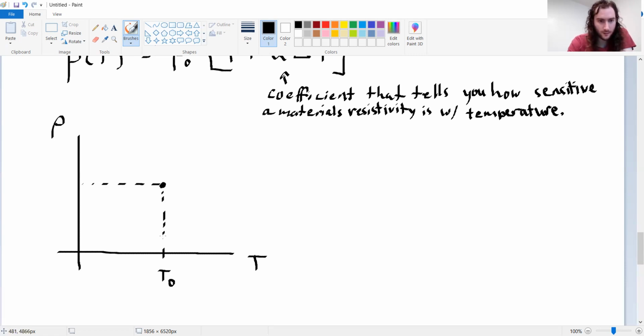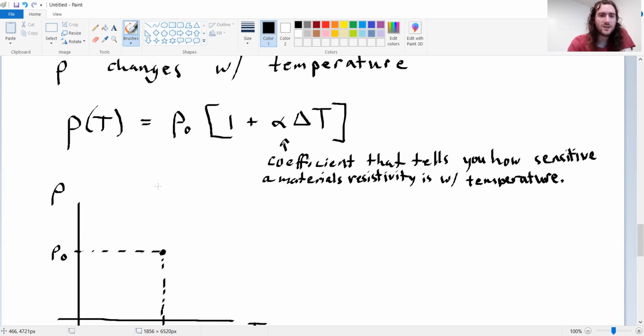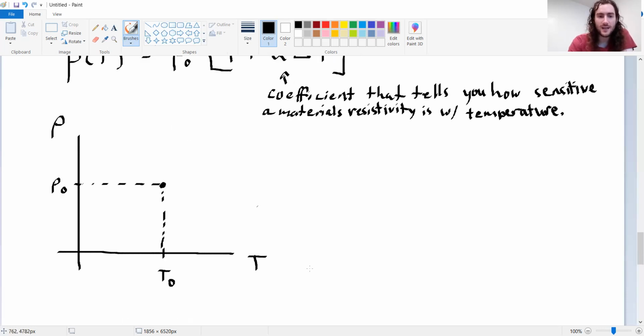And that gives you a resistivity value, which you call rho zero. Rho zero is not just some constant for a material. Rho zero is the resistivity of a material at a standard temperature.